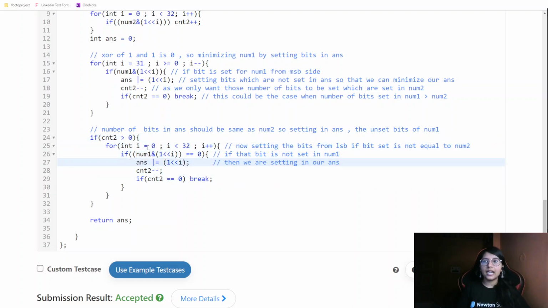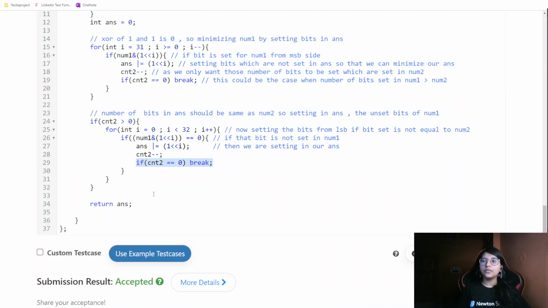So we start from 0 and go till 32. Here we check whether the bit is unset at that moment. If so, we set that particular bit by this operation and decrease our count. And if at any point our count 2 becomes equal to 0, then at that moment we return our answer.